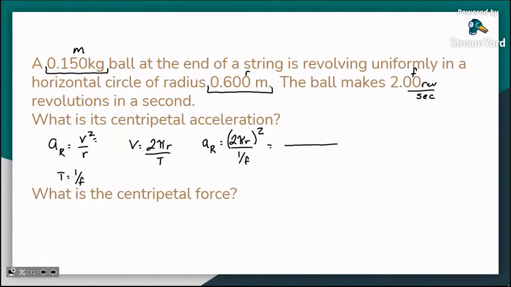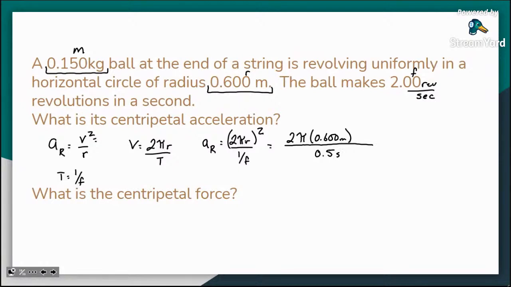So now when I substitute in all of these values, what I get is 2 pi times my radius of 0.600 meters, and that is going to be divided by 1 over frequency. If my frequency is 2, then that is going to be a value of 0.5. And this is what I forgot in here, sorry.